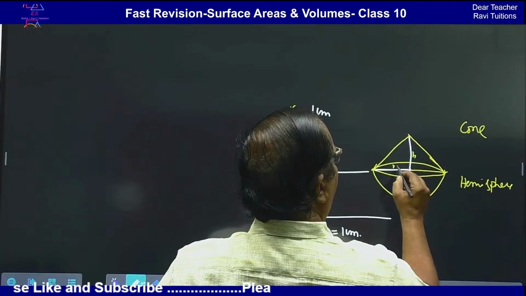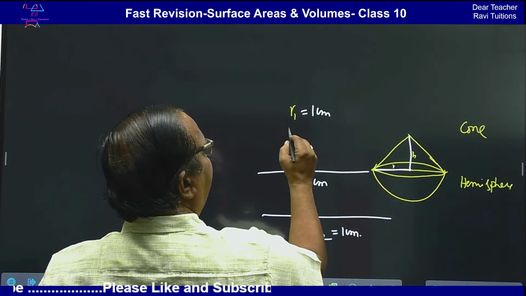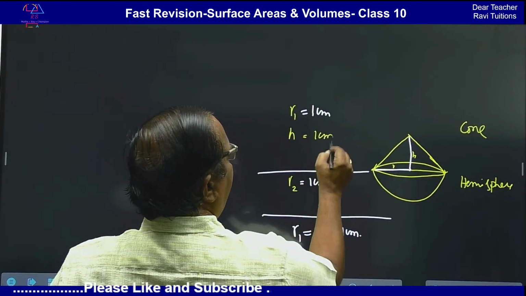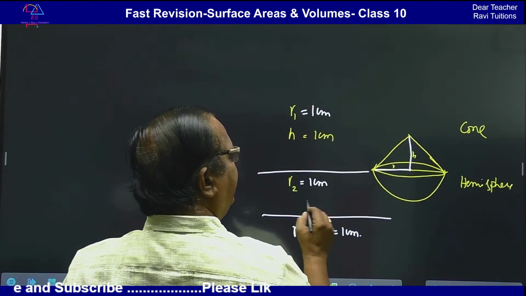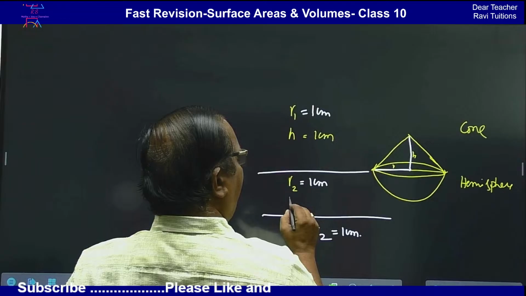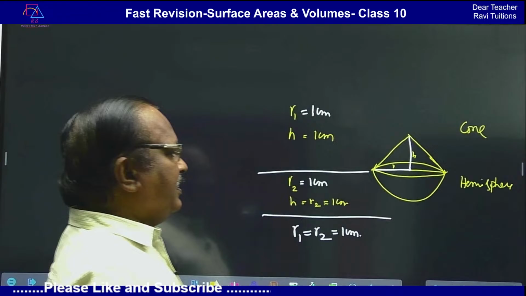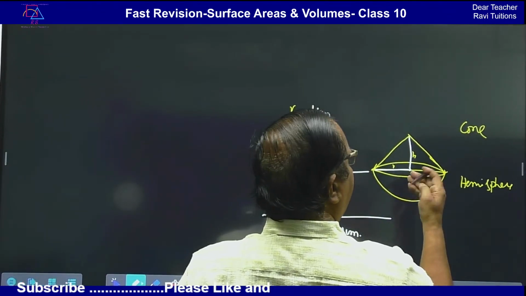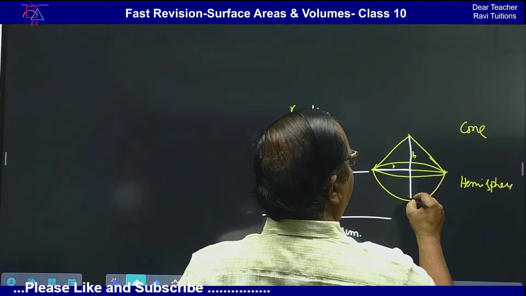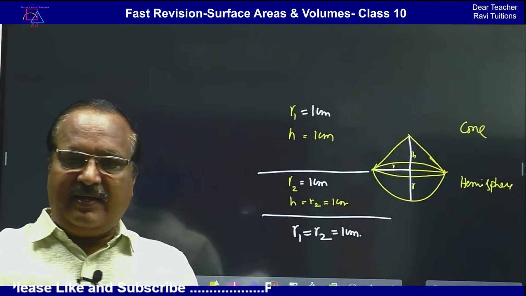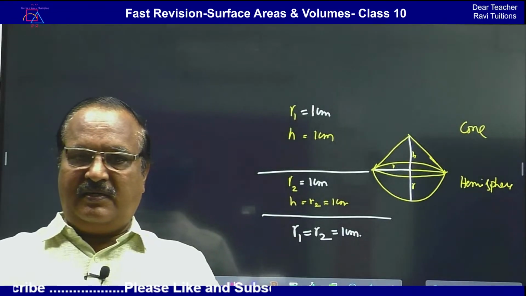Both are equal to 1. So the height of the cone is 1 centimeter, and the radius, being equal to the height, is 1 centimeter. So this is the radius of the hemisphere, and this is also equal to the radius.